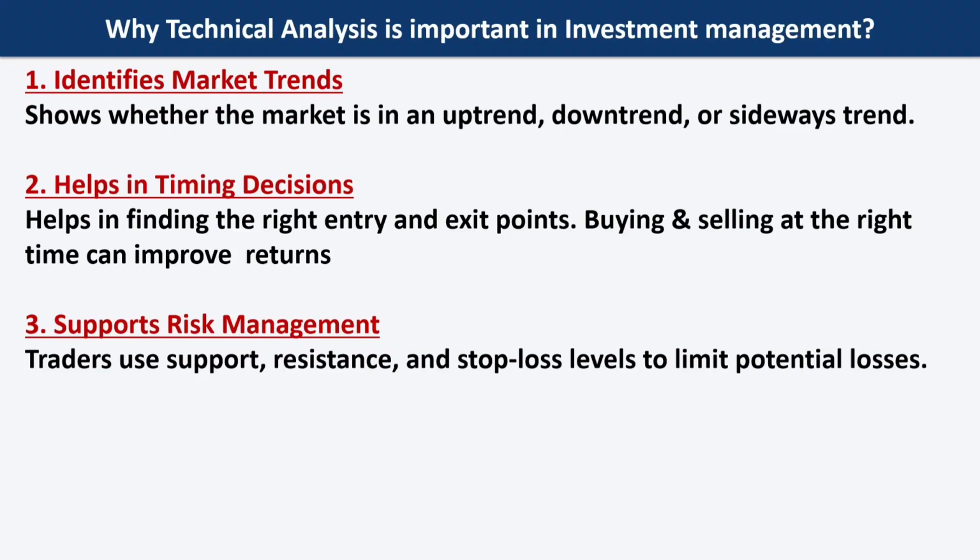Next, technical analysis supports risk management, because traders use support, resistance and stop loss levels to limit their future losses, meaning to limit their potential losses. If they understand the support, the resistance and the stop levels of their stocks, then they can reduce their future losses.